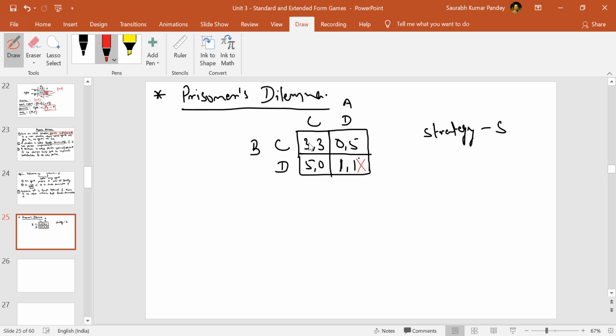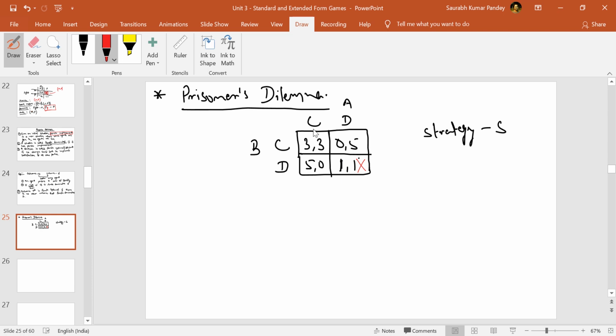If we move from 3 3 to 0 5, you can see that from 3 3 to 0 5, one is gaining and another is losing. 3 3 to 5 0, same situation. From 0 5 to 3 3, same situation. 0 5 to 5 0 and 0 5 to 1 1, the situation is the same.